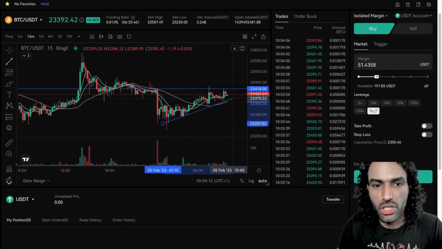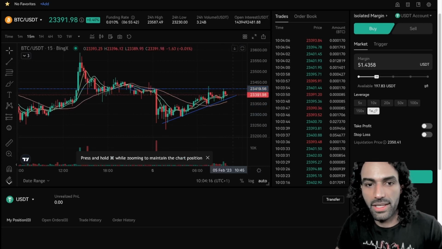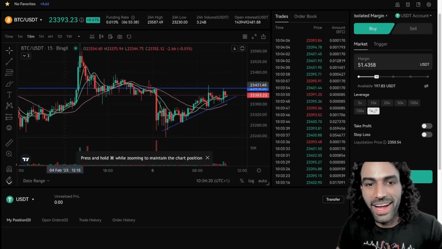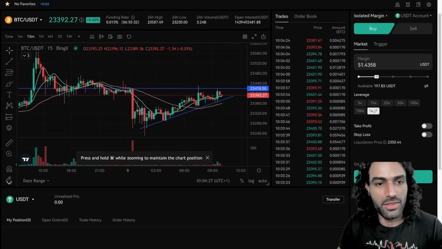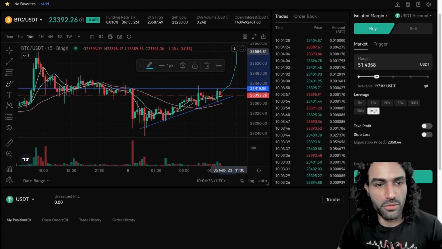So we might buy or sell, because right now it's not good to buy, in my opinion, because we are near this resistance, which is 23,400. We still don't have a clear breakout to go higher toward 24.